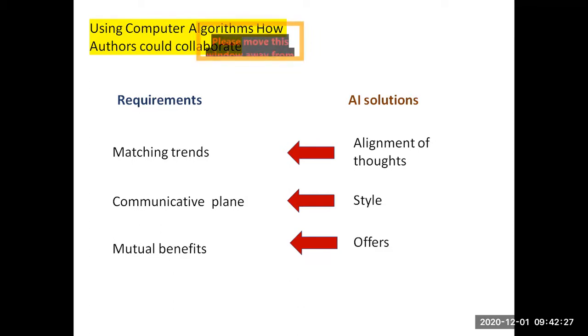So what people will do manually by looking, understanding, talking, and so on, now AI can help using this data. AI can help suggest many different possible collaborations.